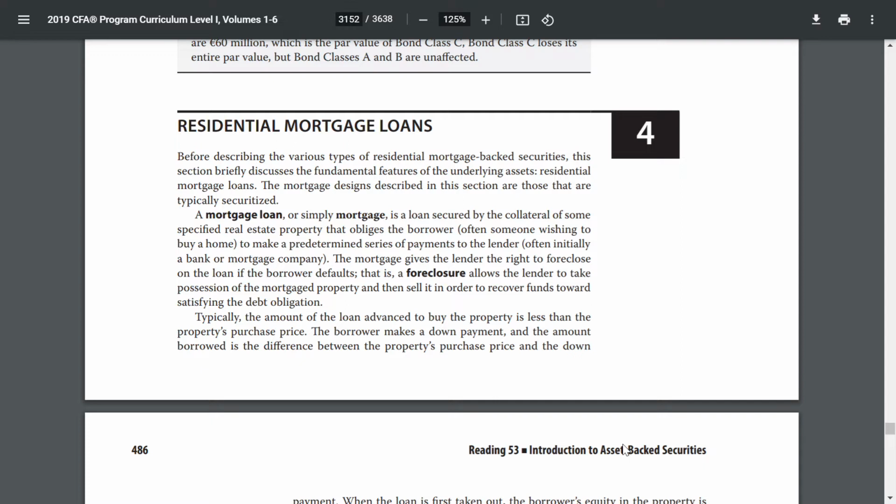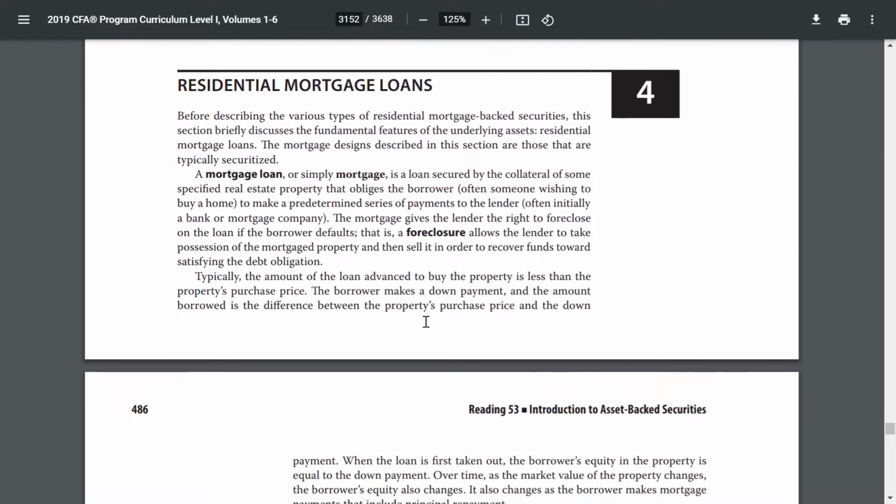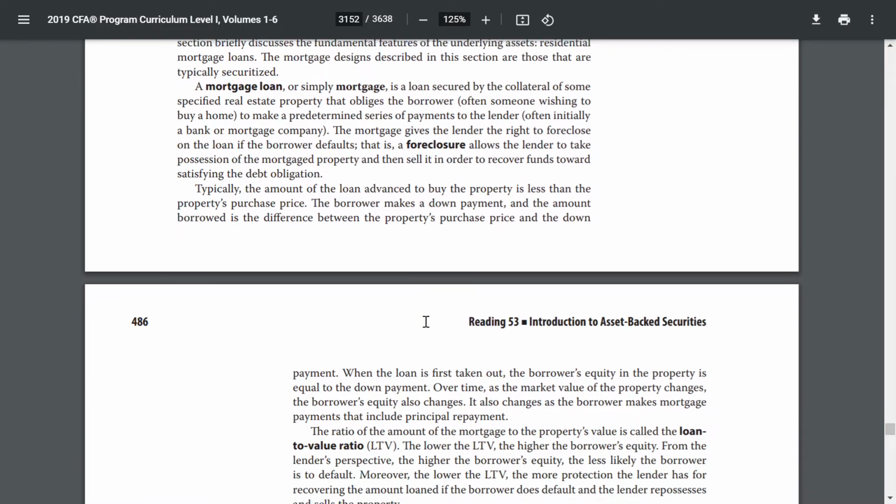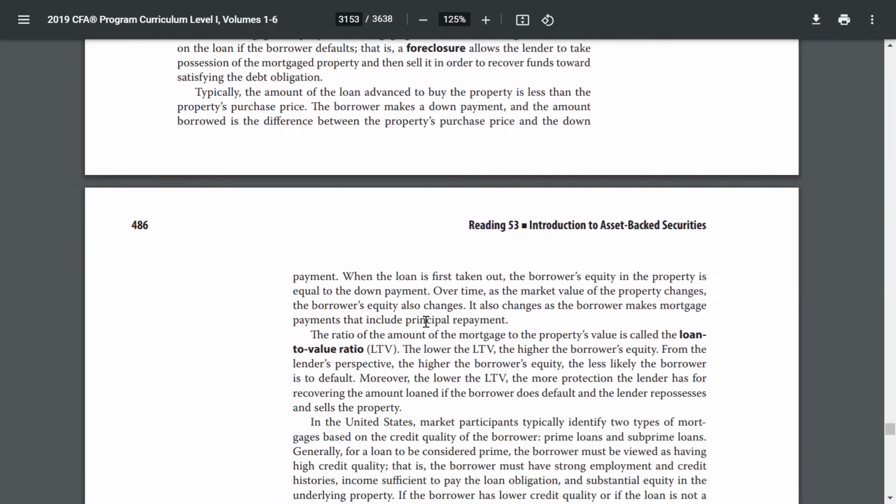This foreclosure allows the lender to take possession of the mortgaged property and then sell it in order to recover funds towards satisfying the debt obligations. Typically, the amount of the loan advanced to buy the property is less than the property's purchase price. The borrower makes a down payment, and the amount borrowed is the difference between the property's purchase price and the down payment.